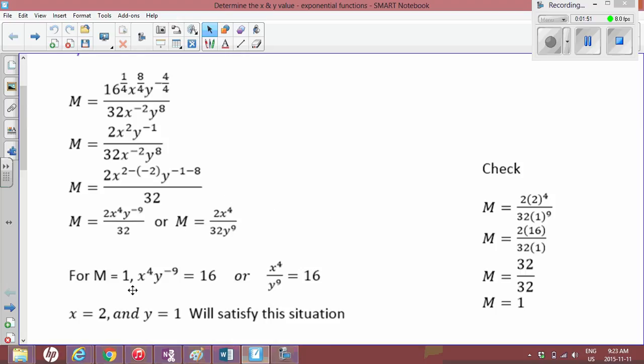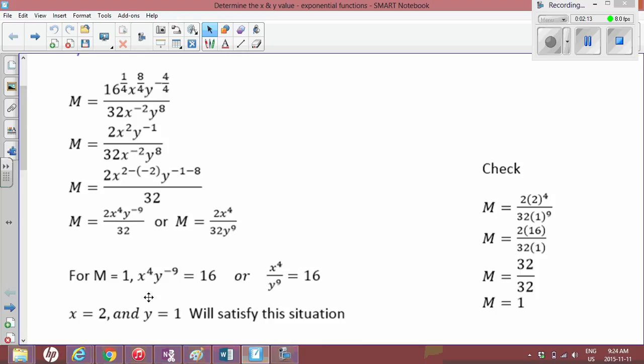So for m to equal 1, this must be equal to 16 because 2 times 16 gives me 32. Again, if you simplified it, it would be the exact same thing. We need this to equal 16 in order to get the whole thing equal to 1.